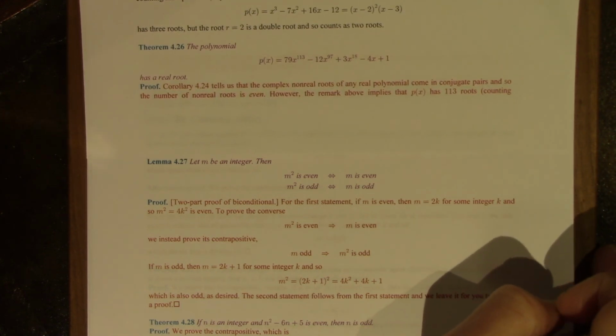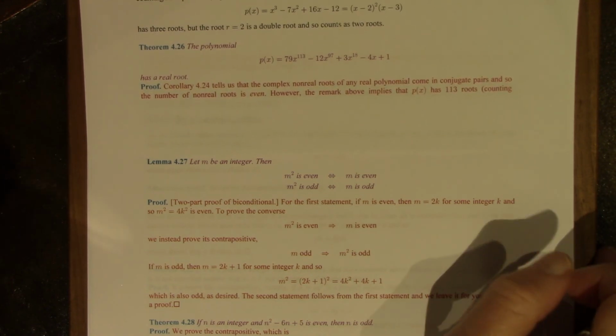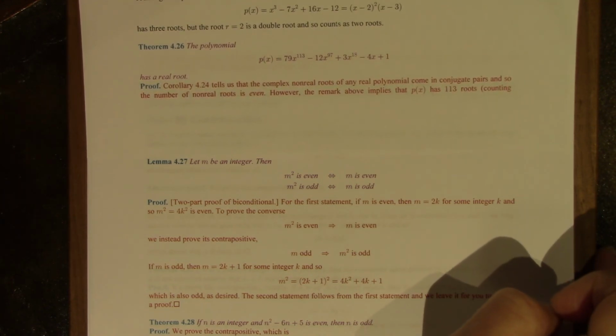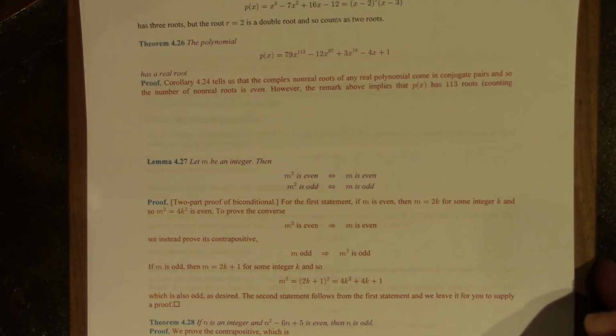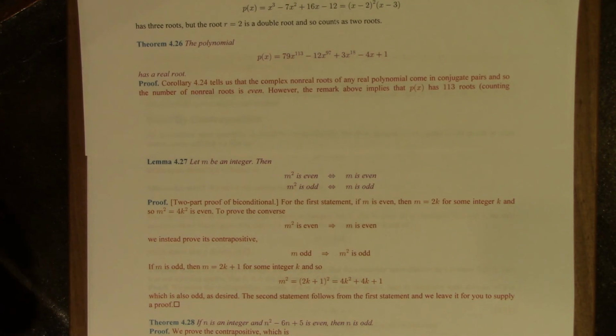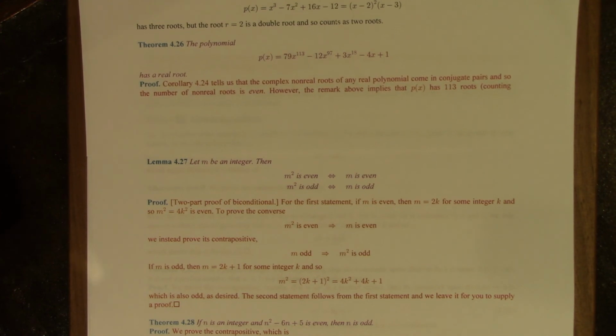So you're not going to be able to construct a root and thereby show that there is a root. You could approximate the root. There are many numerical techniques such as Newton's method, that will enable you to approximate a root, but you're not going to be able to construct it. You're not going to be able to find the exact value of the root.